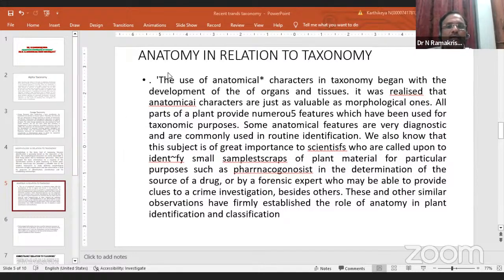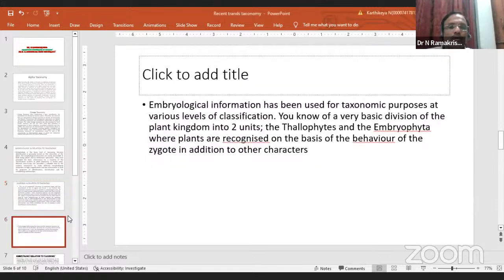In this slide, you see what I completed. See the anatomy: so many types of external features, stomata and trichomes. Now you see embryological structures.